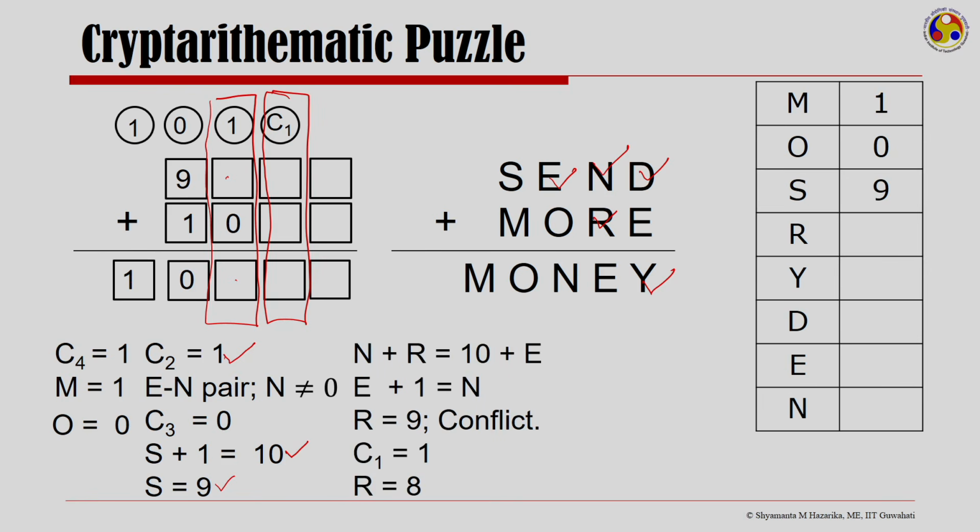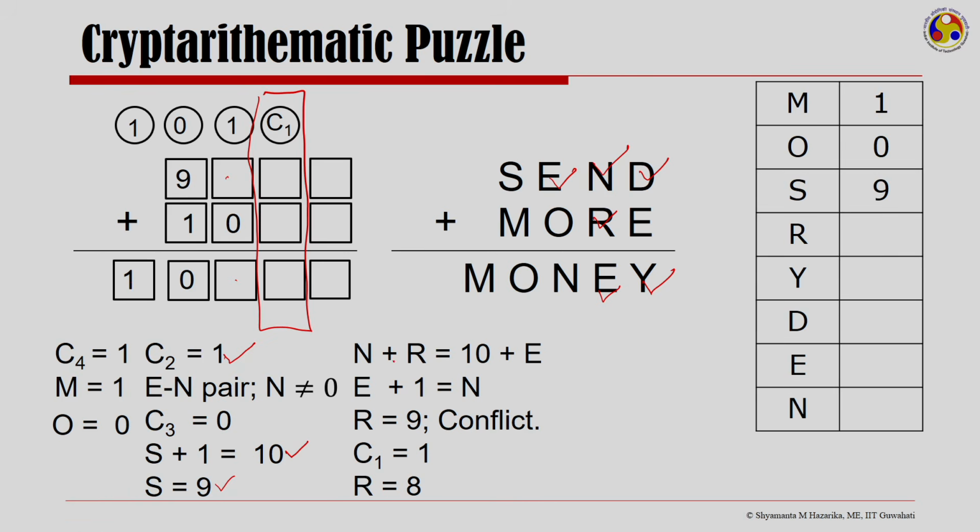I realize that N plus R must be E plus 10, because I need to carry over 1 there. So, this value that I get in my fourth column must not be E alone, but E plus 10, then only I can carry over C2.